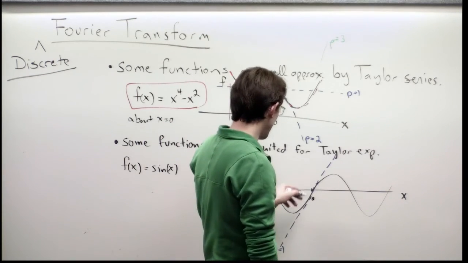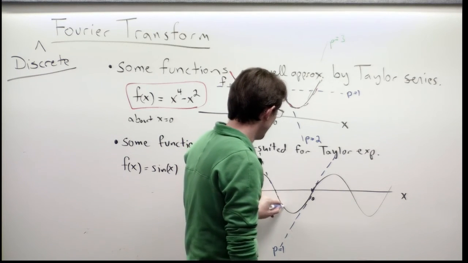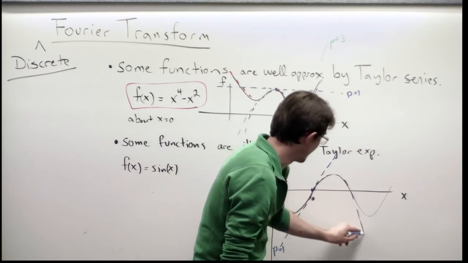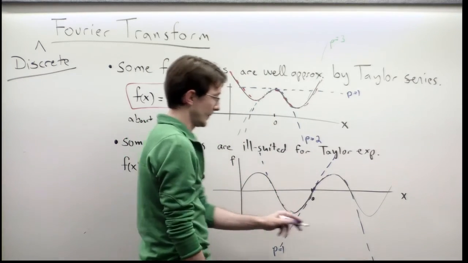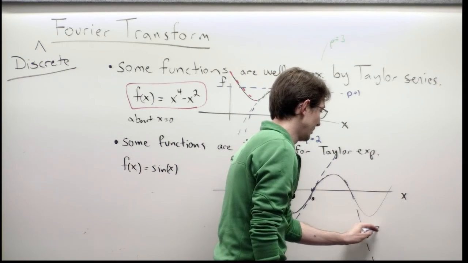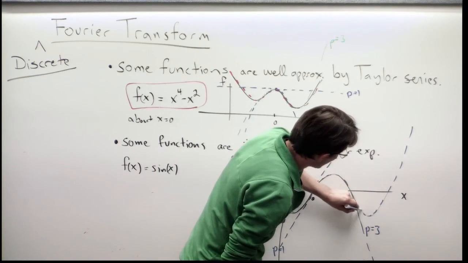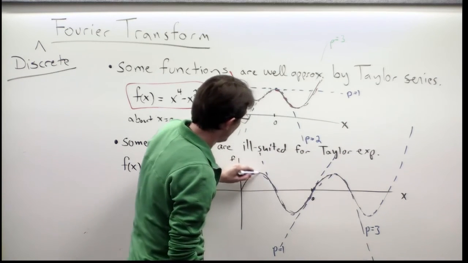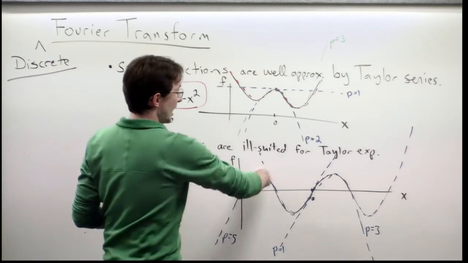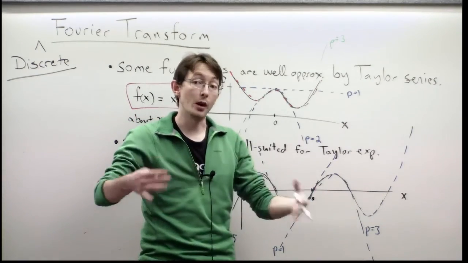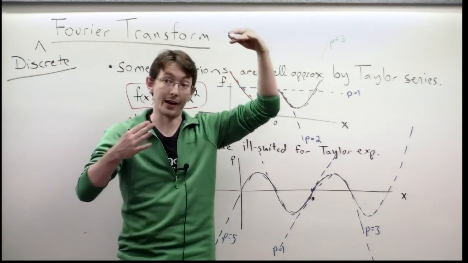A second order one, I'm not going to try to draw it, but the third order just looks like a cubic function, and cubic functions have 2 switching points. This is p equals 3. A fifth order polynomial is going to have 4 switching points, p equals 5. But every time I want to capture one more period of my sine wave, I need to bump my polynomial order up by another factor of 2.